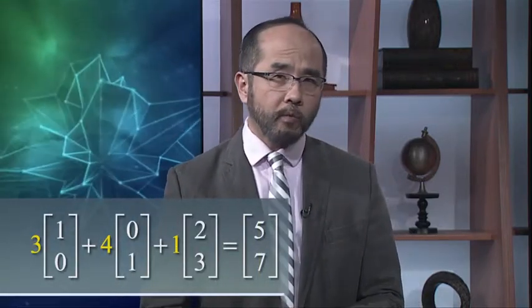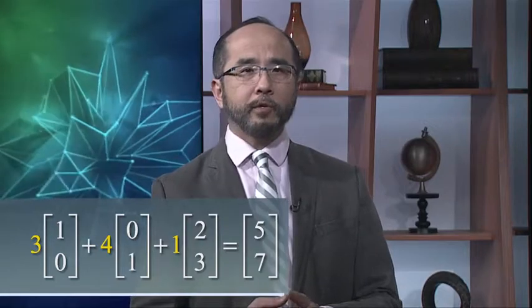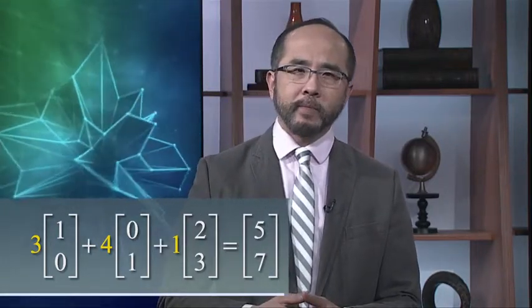Going back to the vectors u, v, and w, this means 3 times 1, 0 plus 4 times 0, 1 plus 1 times 2, 3 equals 5, 7. Thus, the linear combination you get to produce a particular vector in this case is not unique. This was because we had the presence of a free variable, in this case x3. And we had that free variable because we had more vectors than dimensions.